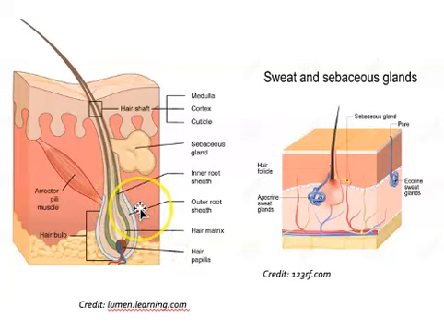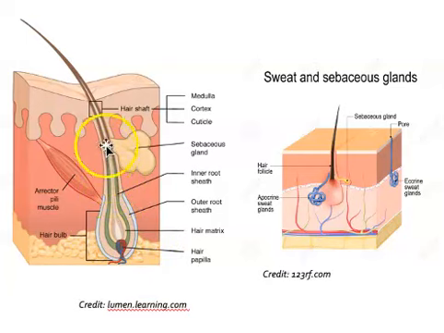You can also see that there are layers of tissue around the growing hair. There's what's referred to as the inner and the outer root sheath. The inner is shown in green. The outer is shown in this tan color.